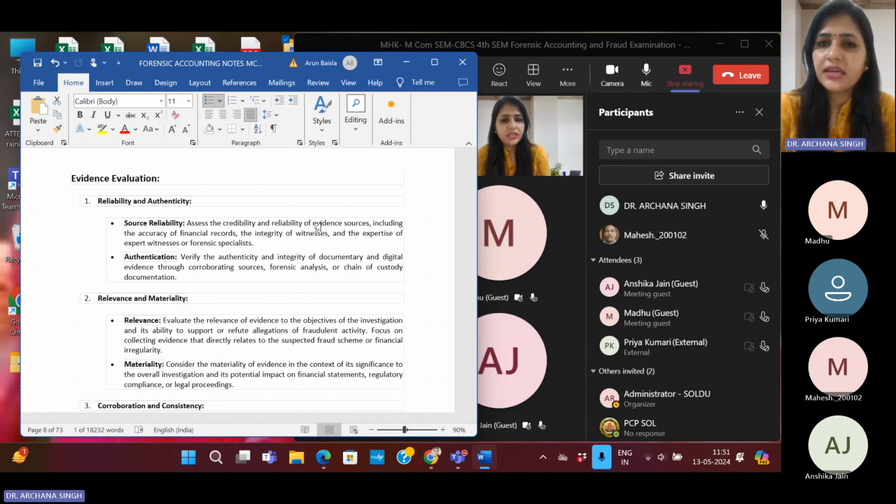Then authentication means they had to verify the authenticity and integrity of that documentary or digital evidence through various corroborating sources, forensic analysis, and chain of custody documentation.